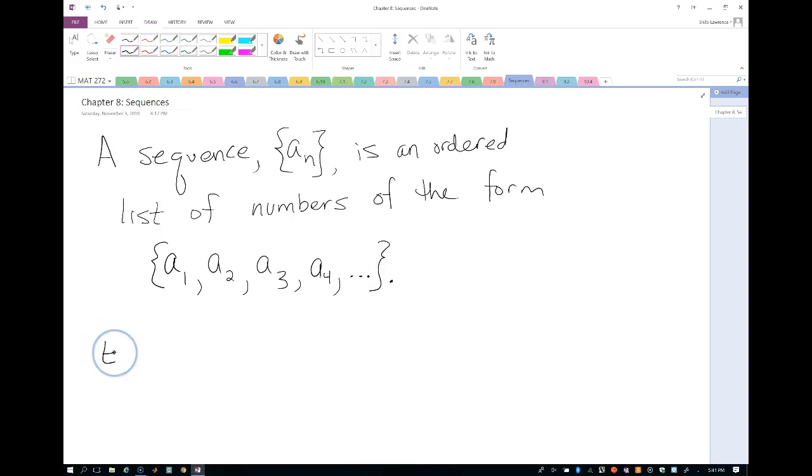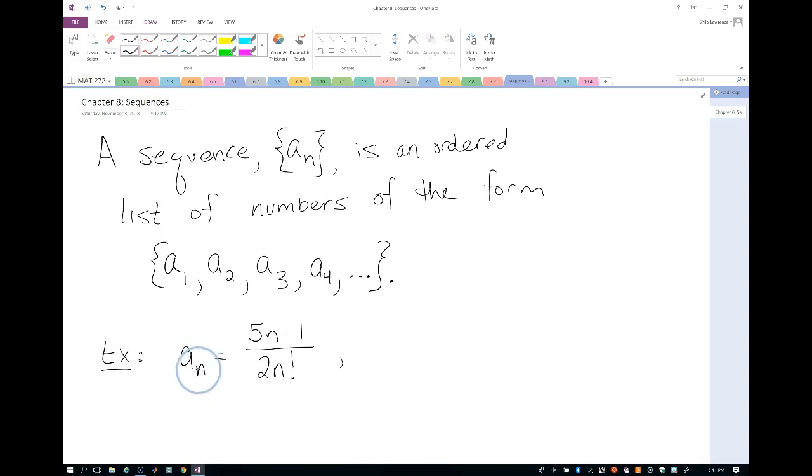A few examples of what these sequences will look like. We may be told that a sub n is 5n minus 1 all over 2n factorial. If you don't know what factorials are, that's fine. We will cover that in just a little bit. So what we've said here is that A is the name for this sequence.